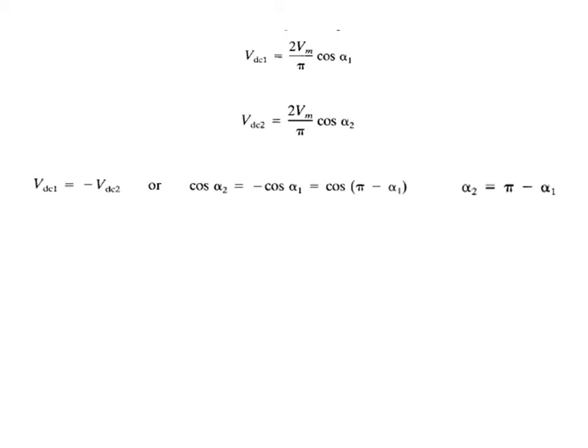Since the output voltages during the interval omega t equal to pi plus alpha 1 to 2 pi minus alpha 1 are equal, their contribution to the instantaneous circulating current is 0.